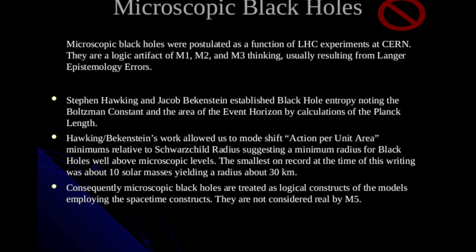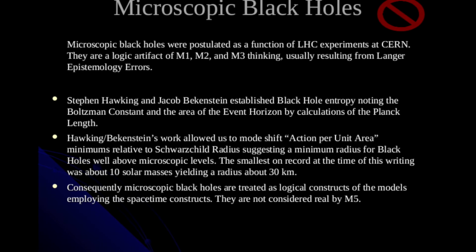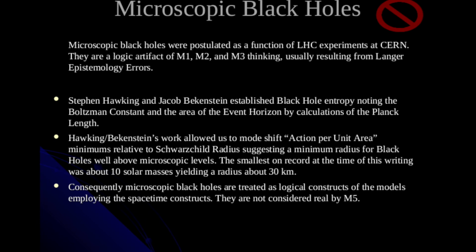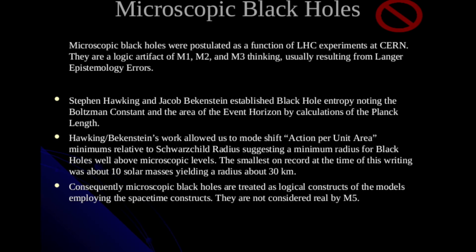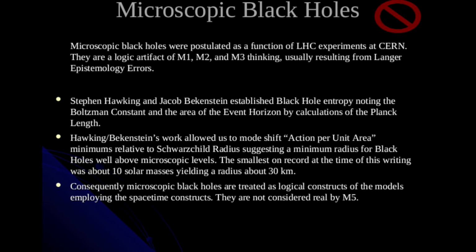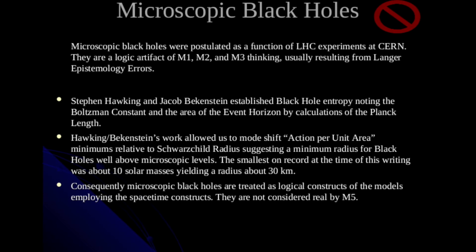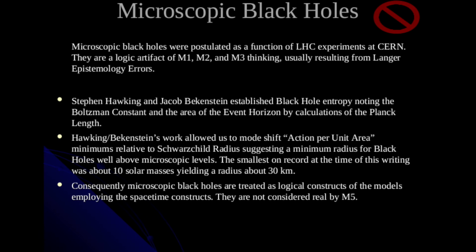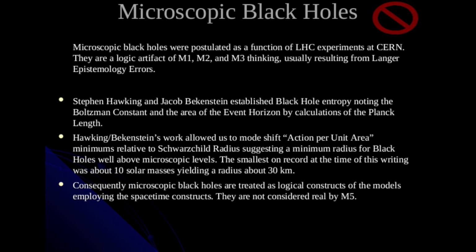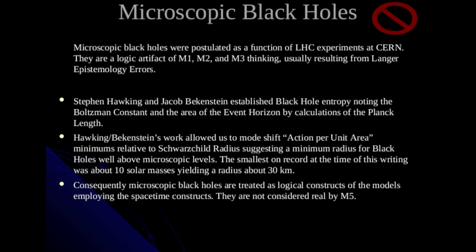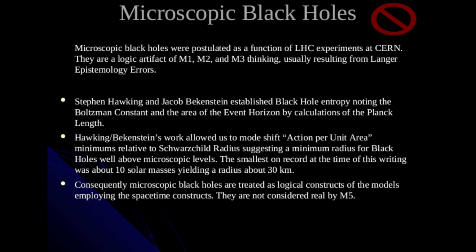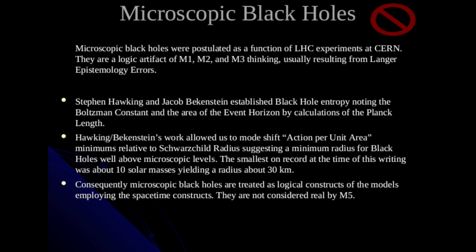And my personal belief is that that's going to be about the smallest black holes that we're probably ever going to find. We might find some slightly smaller than that, but that's about it. And so the notion that microscopic black holes can exist goes away because of the issues between M1 and M5, for example.